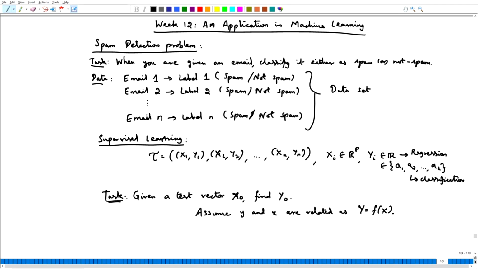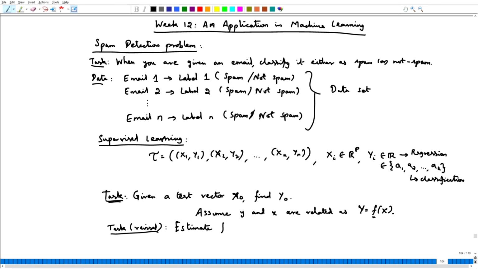So, the task is now to find little f. So, maybe the revised task I will say: given x naught, find or estimate, rather I will write it this way. Yeah, this is a better way.